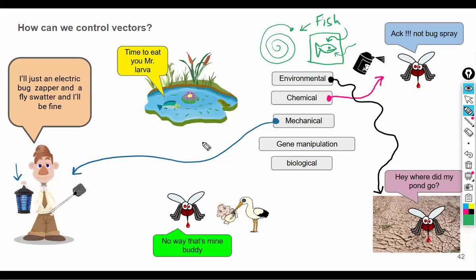So a lot of people introduce that fish into the streams and rivers. So that is what I call a biological method of control. A biological method of control is when you use another animal to kill the other animal.